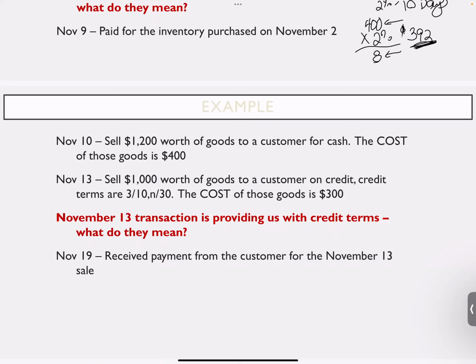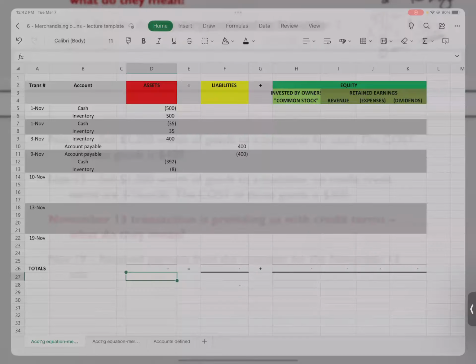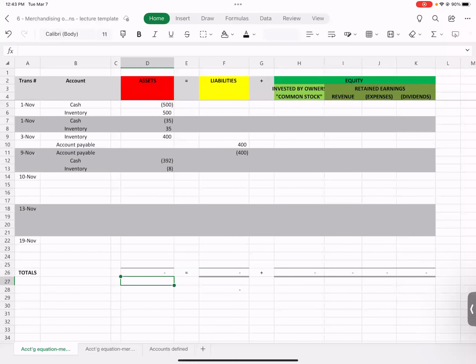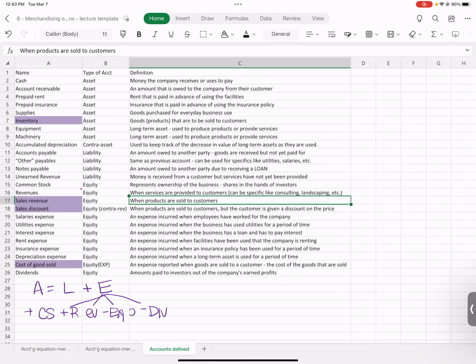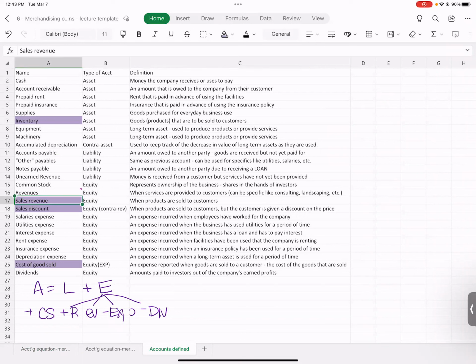And the same sort of thing is going to happen here, except instead of using cash and revenue, we are going to use cash and sales revenue. So sales revenue is the new account name that we introduced in the very first video that we use as our revenue account when products are sold to customers.